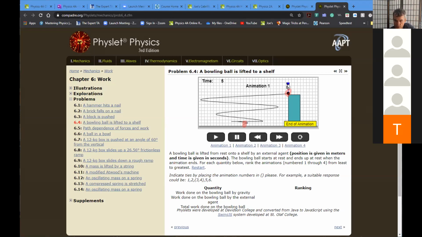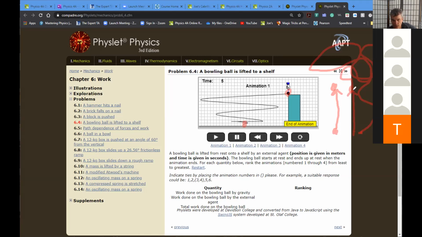So if I lift a ball up and it starts here and ends here and I lift it straight up, I do the same amount of work as if I start here, go over here, go up, go around, go down, and then end here. As long as I start and stop at the same spot, the total work done is 0.